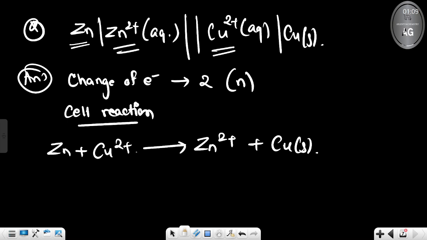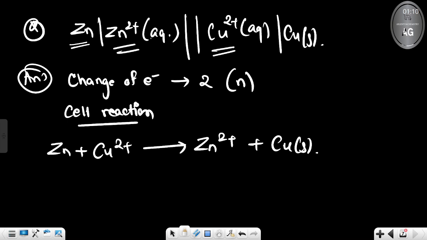Clear? This solid, aqueous you can write. This is the entire cell reaction. Do not write copper plus zinc, please. Start from left side only, then go to right side. So first metal, ion, ion, metal. Clear? This is the entire cell reaction.